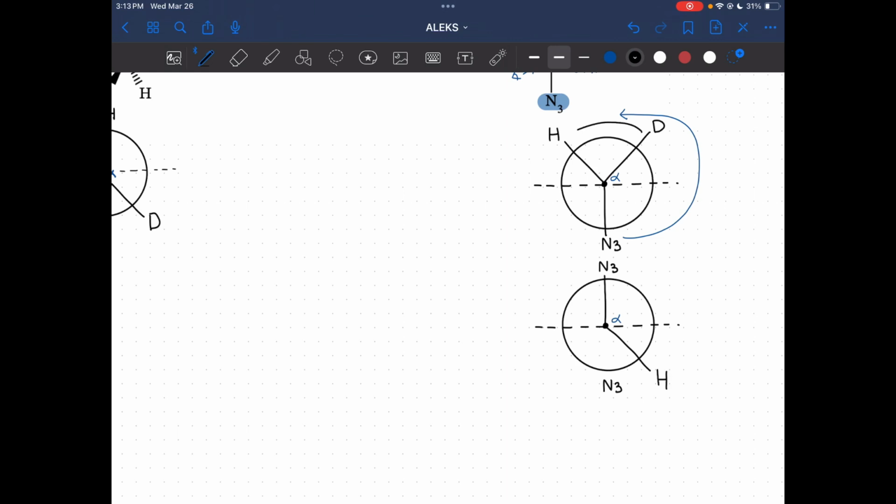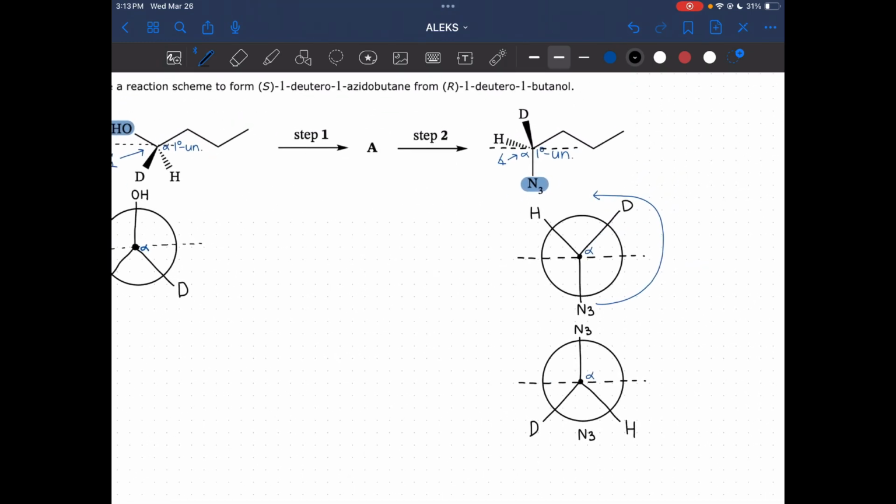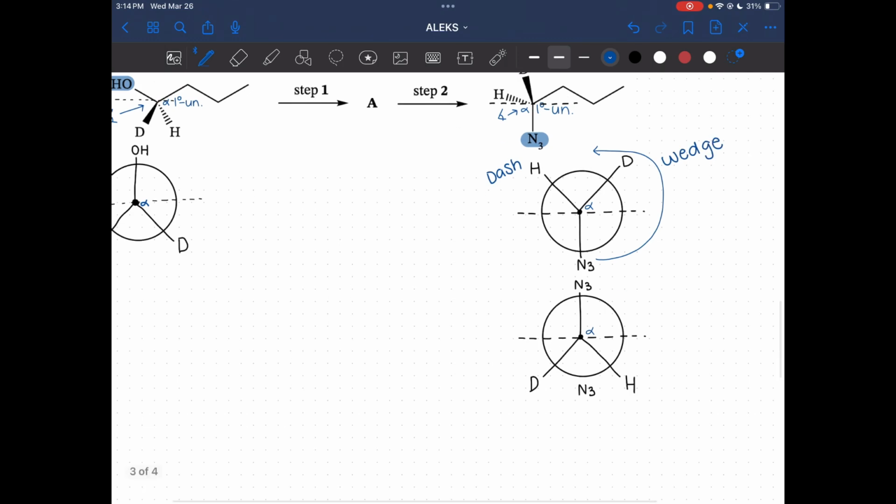And then again, the deuterium will also turn around that 180 degrees and be pointing directly across from where it originally was. So I'll do that as well. When we started doing this, I didn't write this down, but the dash side is here on the left and the wedge is on the right for both of these Newman projections.